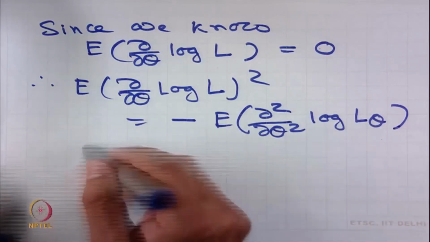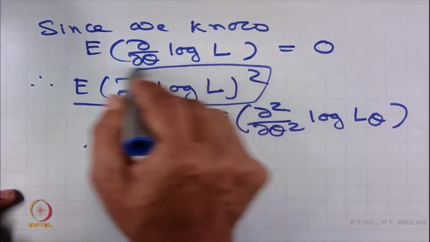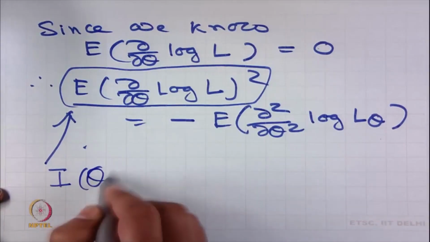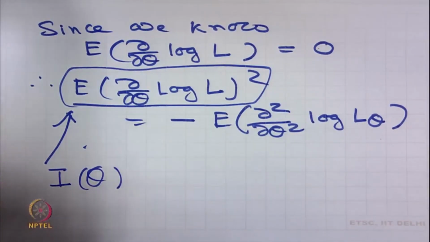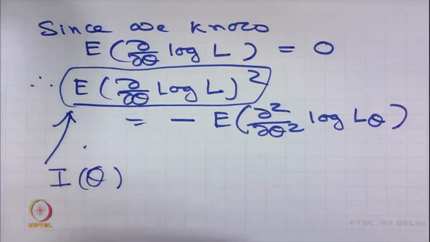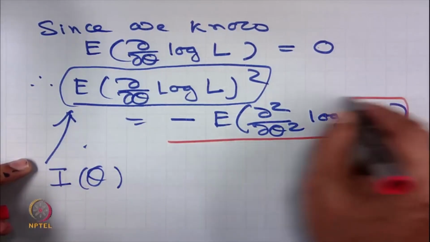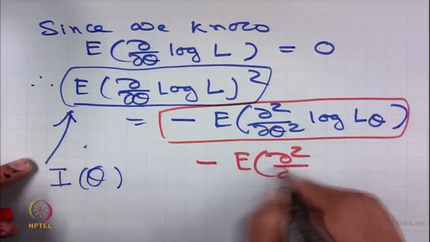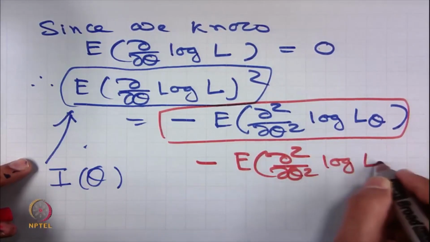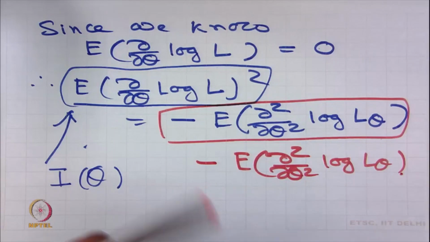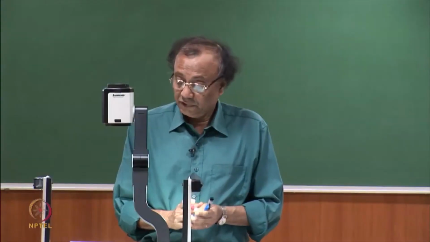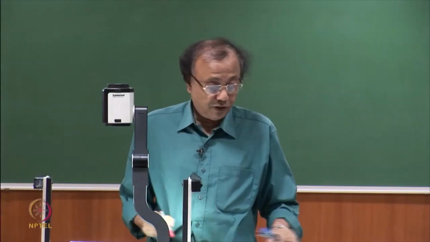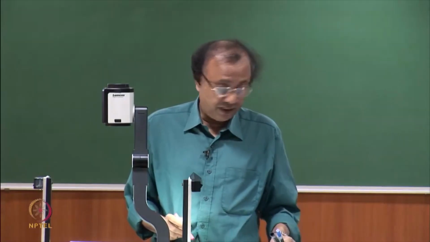And we know that this is the I theta. Hence, we get another expression for I theta, which is minus of expected value of del square del theta square log of L theta. So, we have got three different forms, one from the actual proof, but from there we have derived two different forms.